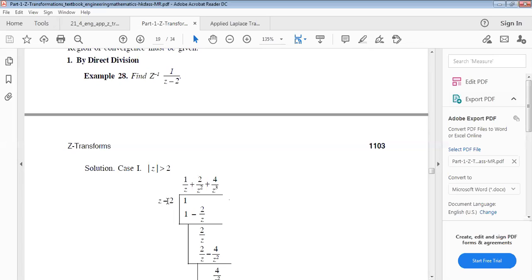Okay. So if we divide this series with Z minus 2, multiplying 1 by Z into Z minus 2, we get only 1.